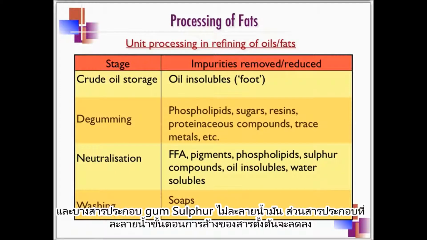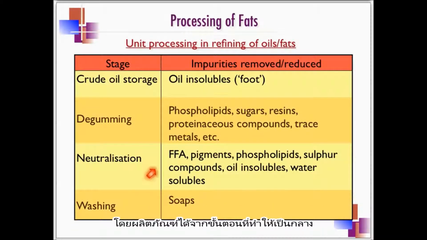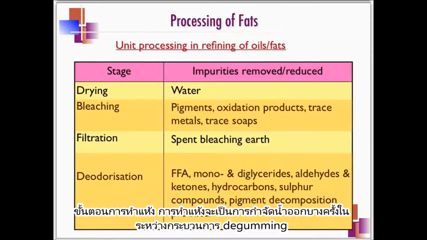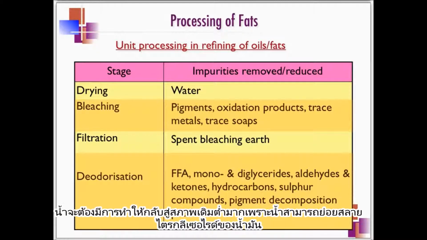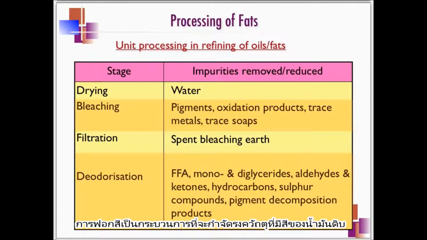Then the washing step is to wash the soaps that are produced as a byproduct from the neutralization step. Drying stage. Drying is used to remove the water, which sometimes is added during the degumming process. So the water has to be removed to a very, very low level, because the water can promote hydrolysis of the triglycerides in the oil.